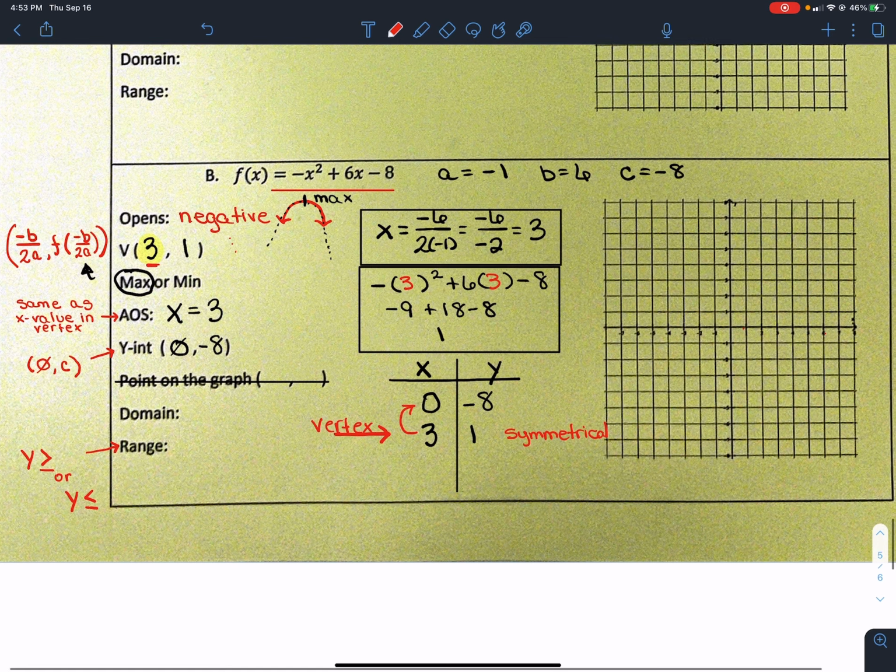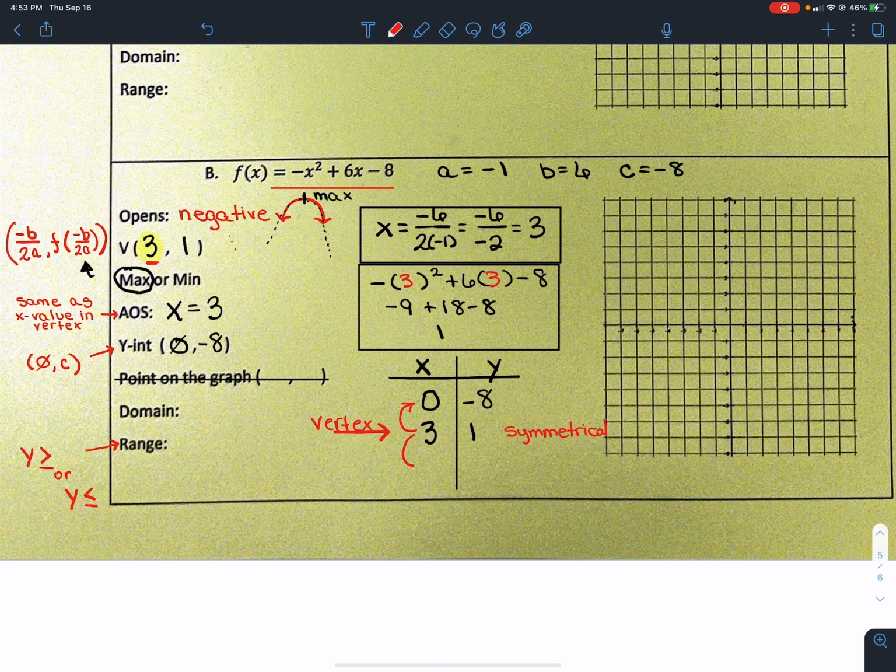What if I wanted to go to the other side of the axis of symmetry? 3 plus 3 would be 6. Also, if it's symmetrical, the y value of negative 8 on the other side is also going to be negative 8. That's symmetrical, and we'll come back and check this to make sure that we did that correctly.